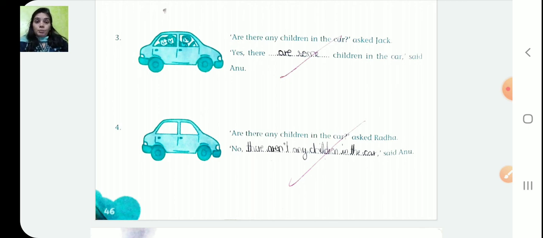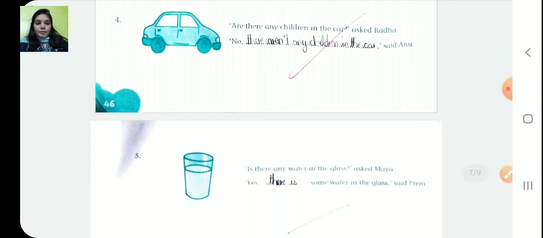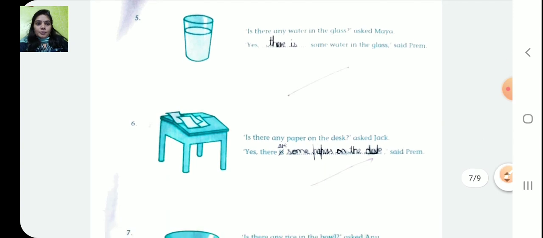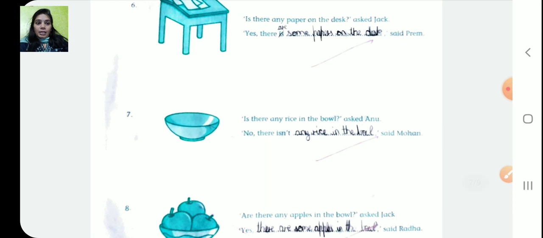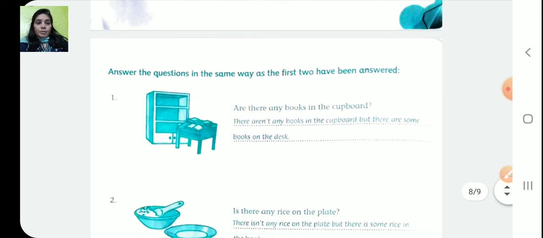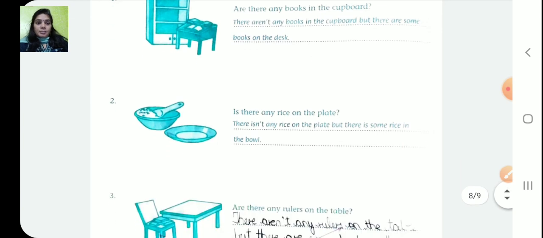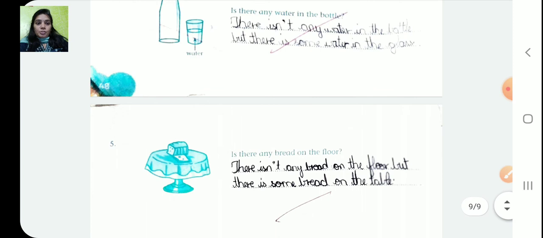I will ask for the books roll number wise, so everybody should be ready with your books. Active English book completed. Okay, so we have discussed the answers. You can pause the video and check your answers. Okay, it is so simple.